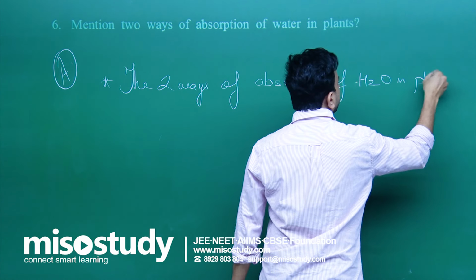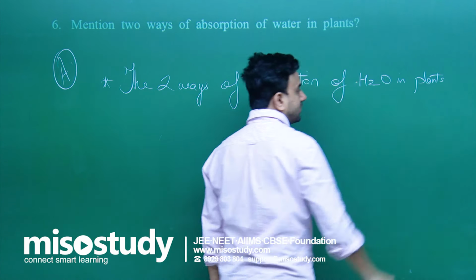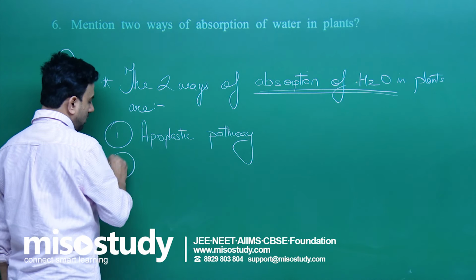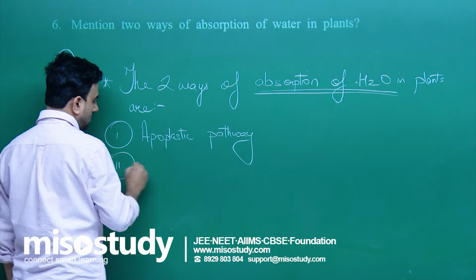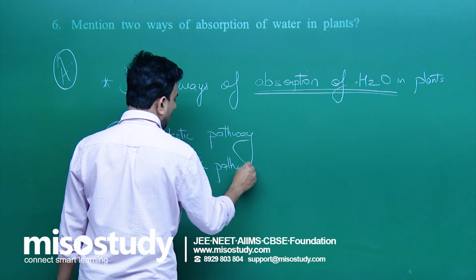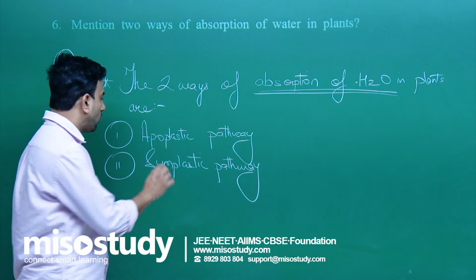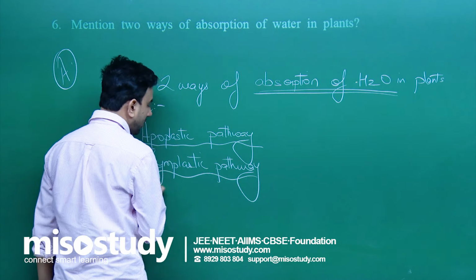The two ways of absorption of water in plants are, one, the apoplastic pathway, and the other one is the symplastic pathway. And what will we see in the apoplastic pathway?